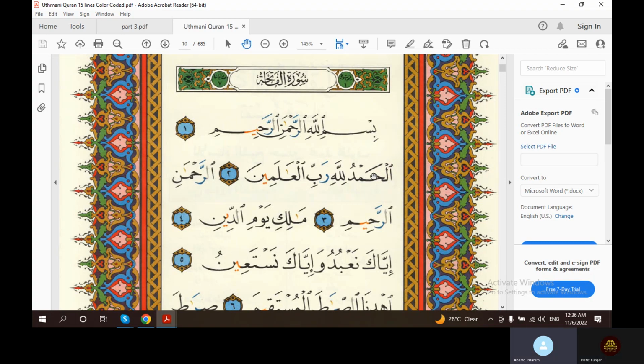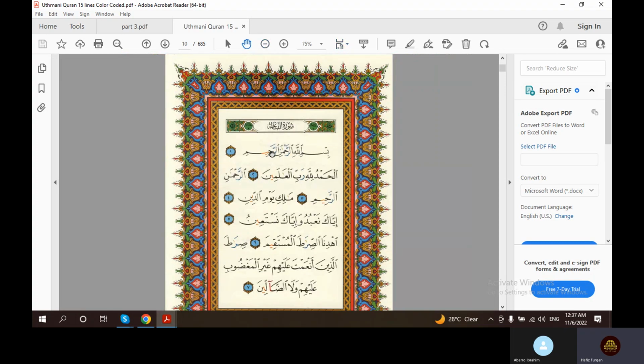If the letter after that doesn't have a shadda, then we read Lam at-Tarif. If the letter after that has a shadda like this one, then we don't read Lam at-Tarif. Do you understand it? Yes.